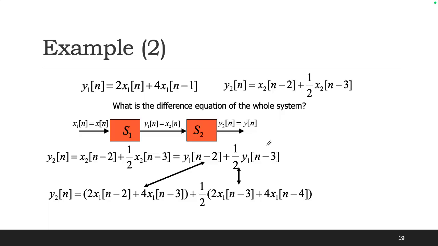y2 equals what? x2[n] plus x2[n minus 3]. Am I right? And we know x2 equals y1. Yeah, you know that, right? I just consider your first output as my input. That makes sense to you?